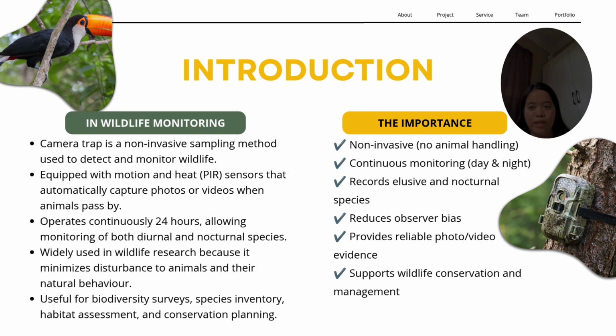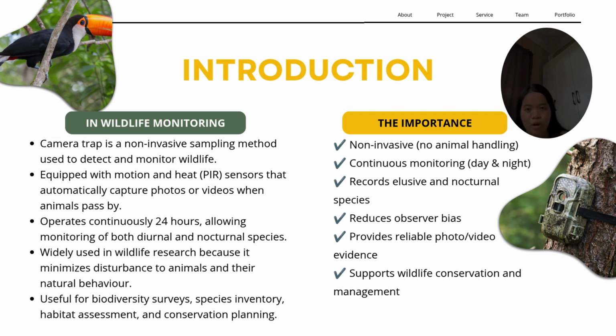This makes them especially useful for recording elusive animals that are difficult to observe directly. Camera traps are widely used in wildlife research because they minimize human disturbance, allowing animals to behave naturally. The data collected can be used for biodiversity surveys, species inventories, habitat assessment, and conservation planning.